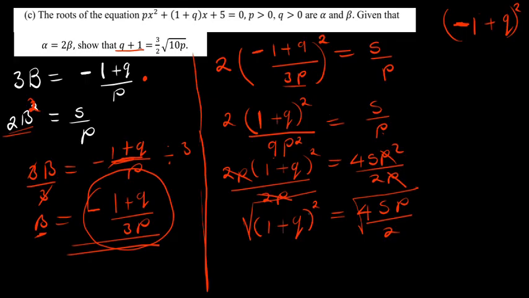I'll do that, so this part and this part will cancel. I'll have 1 plus q equal to the square root of 45p over 2. Now that is the one that I'm having, right?